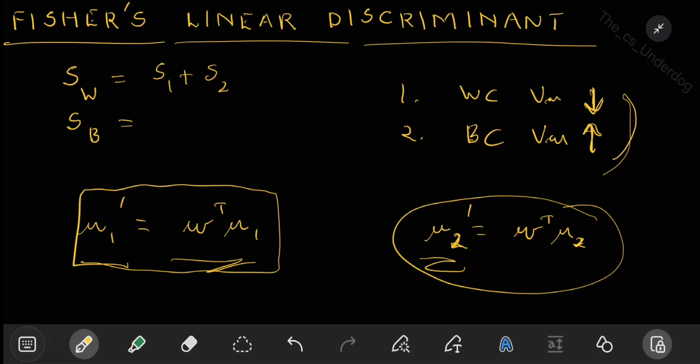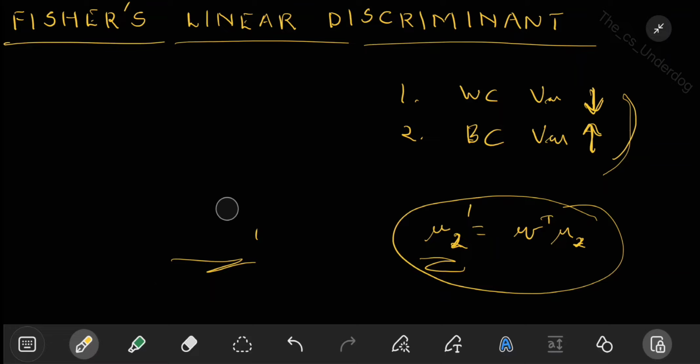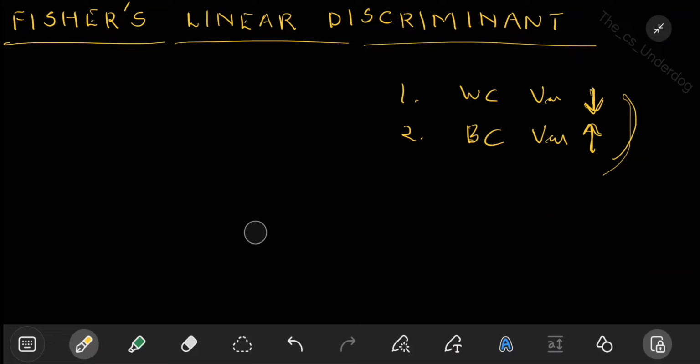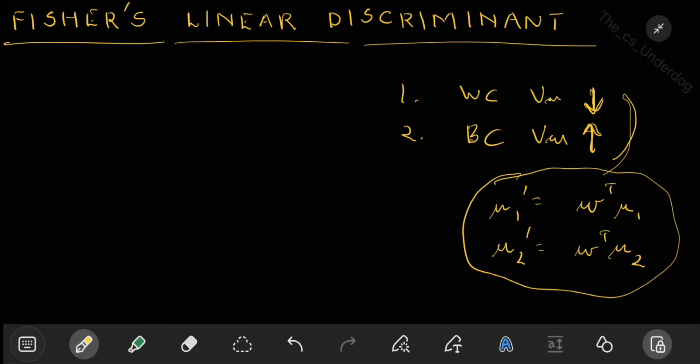What you actually want to find is for the projected points: after projection onto the axis, what is the within class variance SW, and what is the between class variance SB. These are the two things you want to find now. So let me write this here: mu1 dash is equal to W transpose mu1 and mu2 dash is equal to W transpose mu2. We'll use this later.